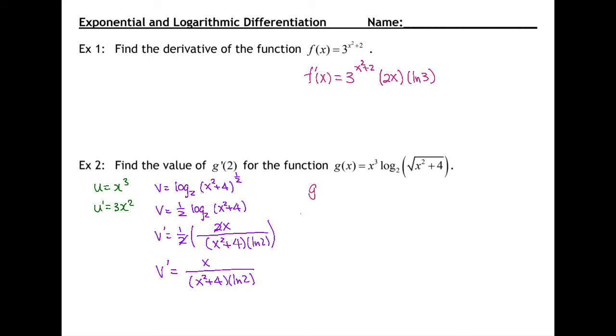By using the product rule, we know g prime will be u prime times v plus u times v prime.